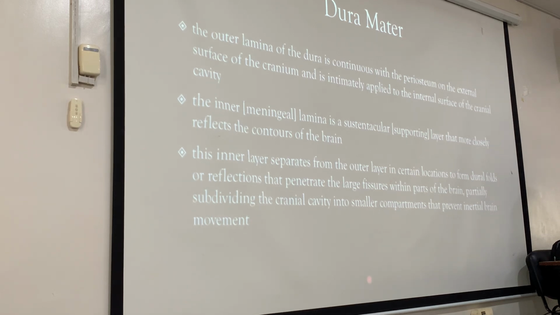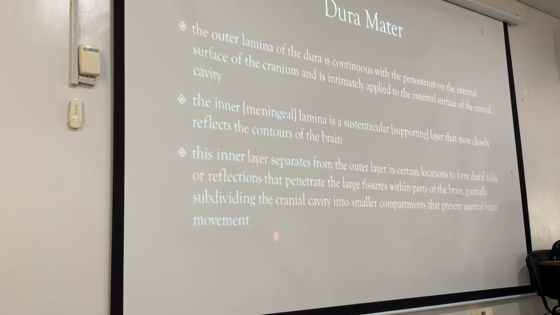So there's an outer lamina that is very close to the bone, and then there is an inner lamina called the meningeal lamina, which is a supporting layer that more closely reflects the contours of the brain. So if you take your scalpel and incise the dura, you can see that the dura also has 2 layers, the outer layer and the meningeal or inner layer.